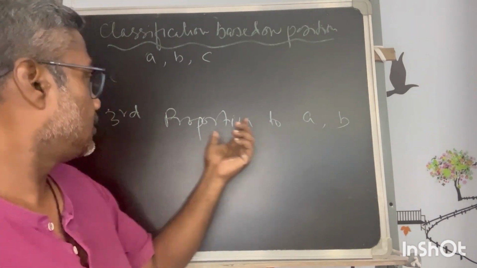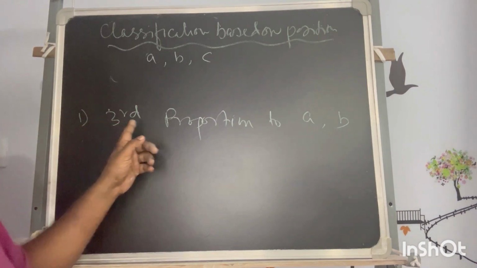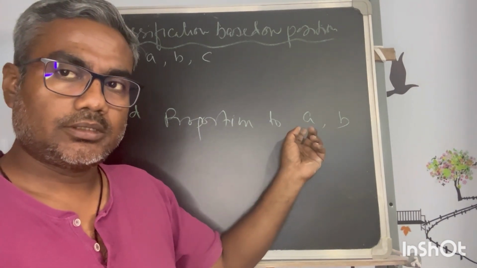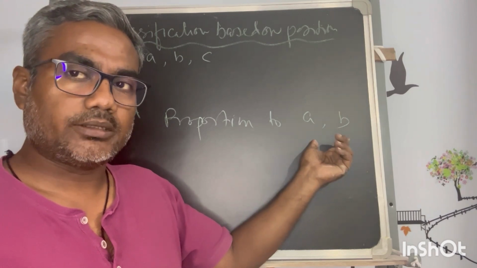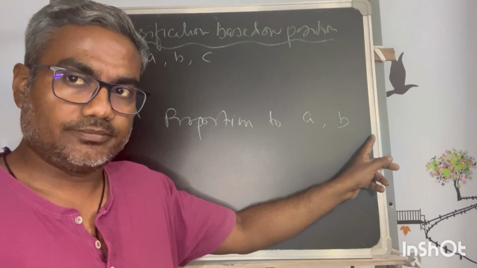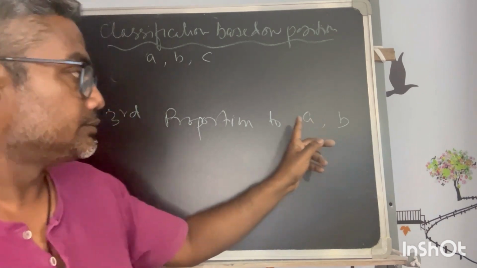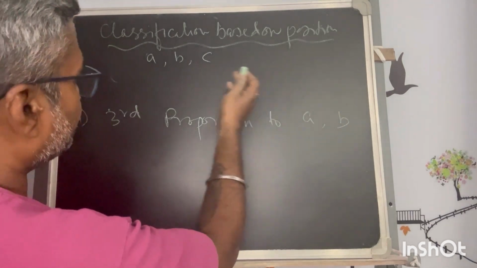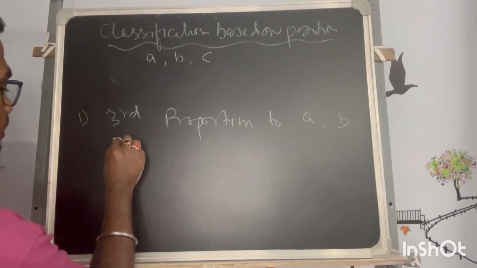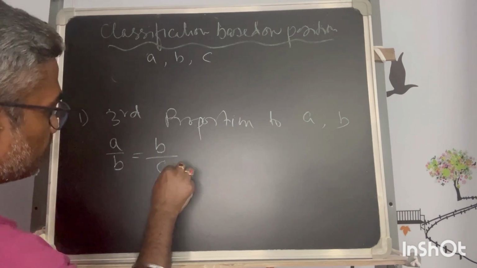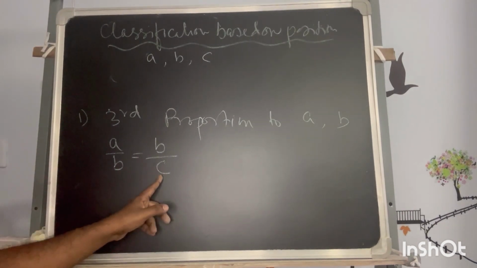The third proportion has to be at the extreme, not in between. In case two quantities are given and you have to find the third proportion, you keep it like this. So now this will be your third proportion.